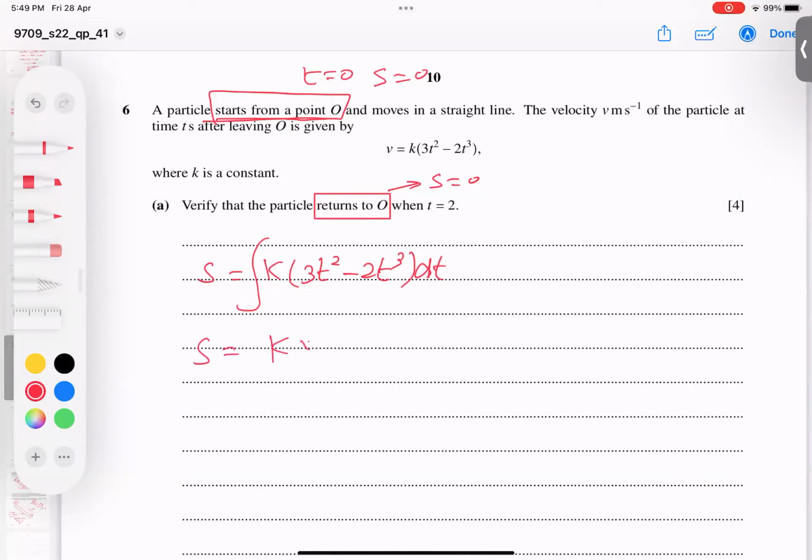Increase the power by 1. In the bracket, I got 3t squared already, power 3 by 3, so t cubed, and 2t cubed becomes t to the 4 by 4, plus c is also there.